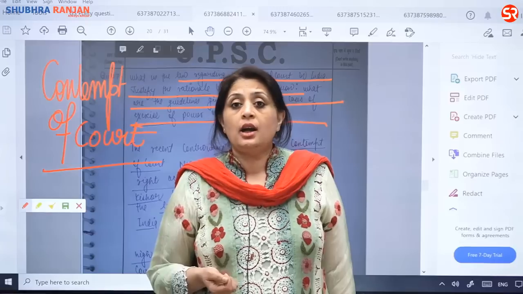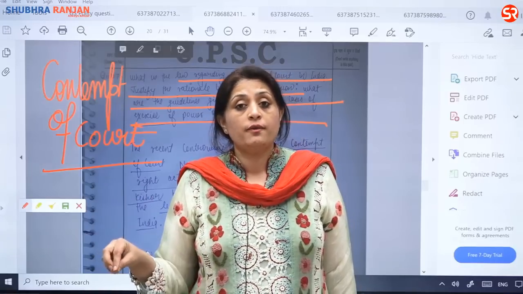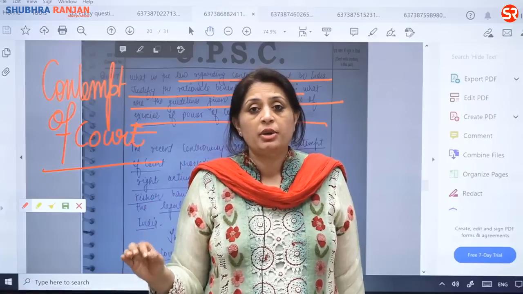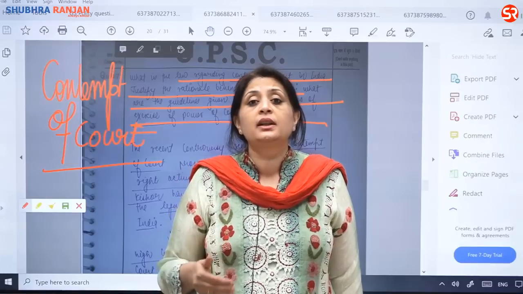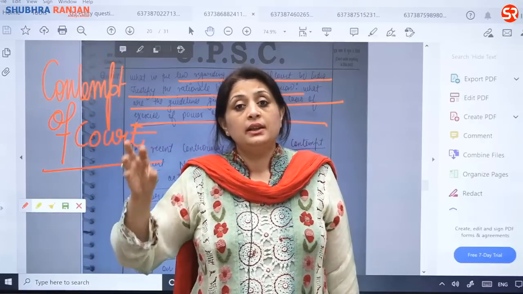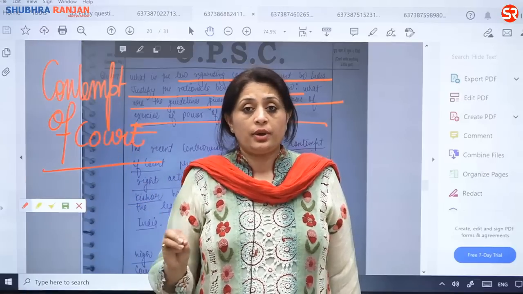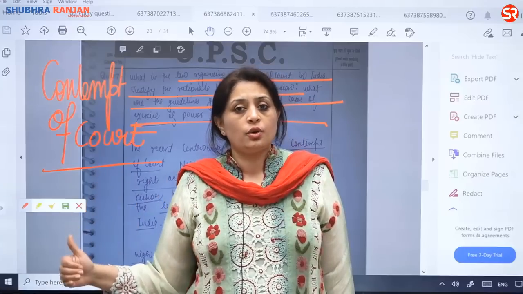However, to establish a harmony between the contempt of court and freedom of speech and expression, an amendment was done which says that if something is written which is truth and for a bona fide purpose, then you can be protected. And normally nobody is punished for contempt of the court.